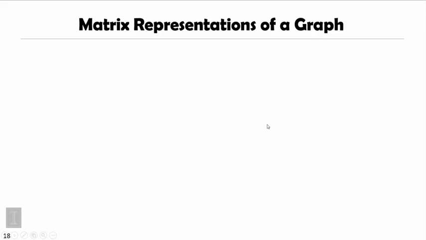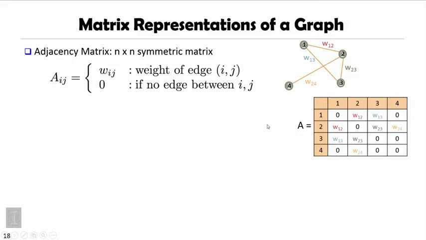Now we look at how we do it step by step. First, suppose we have a graph. This usually is obtained by k-nearest neighbor. Then we get the weights. Suppose the weight W sub 1,2 is the weight connecting vertices 1 and 2. Then the adjacency matrix is an n by n symmetric matrix like this one.